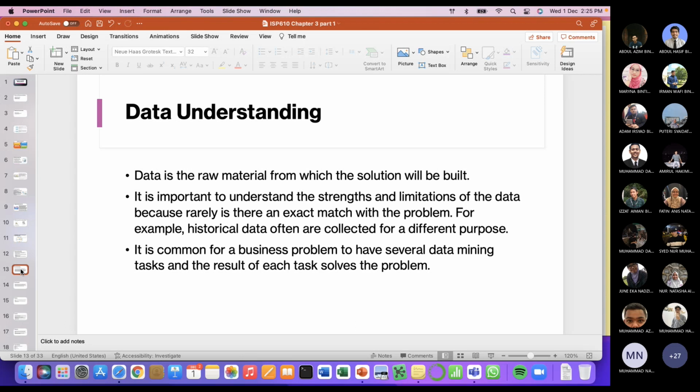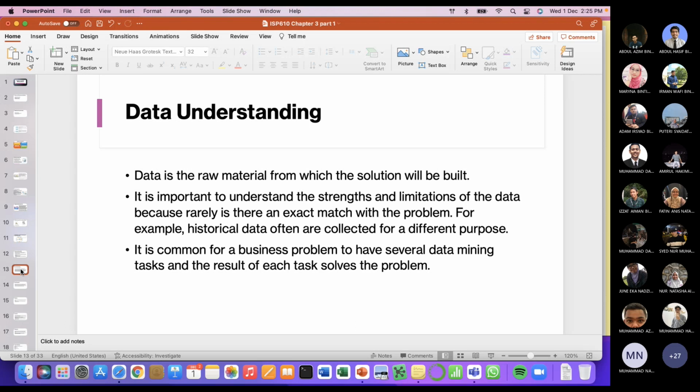Okay, dekat sini yang you akan buat descriptive analytics. You try to understand about the data, you try to see the relationship among the variables. Is it all the variables in the data set enough for the solution, ataupun you need more attributes? So banyak benda nak kena tengok kat sini.